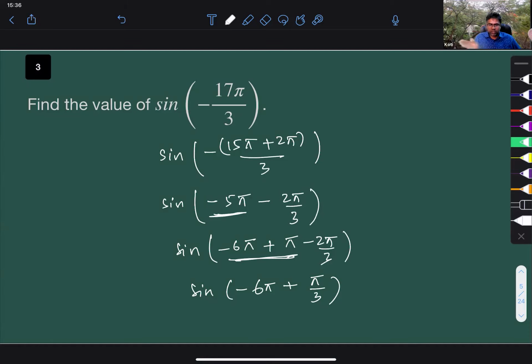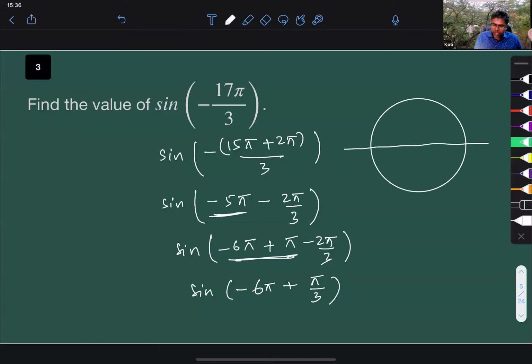So that OX. If it is helpful, we should imagine our unit circle here. OX is my reference line. If I am looking at minus 6 pi, that means I'll go around the circle 3 times: 1, then 2, then 3.